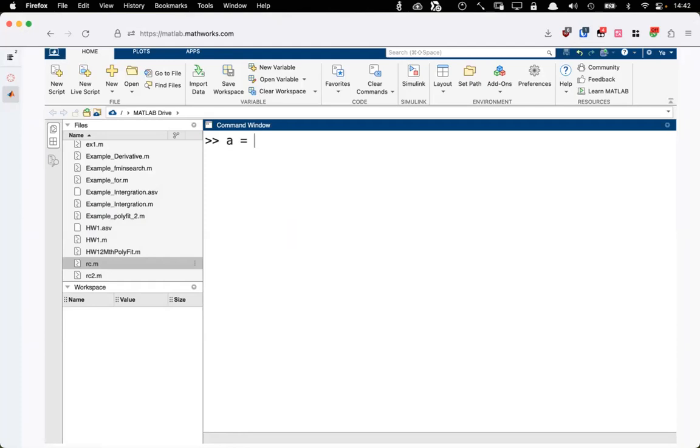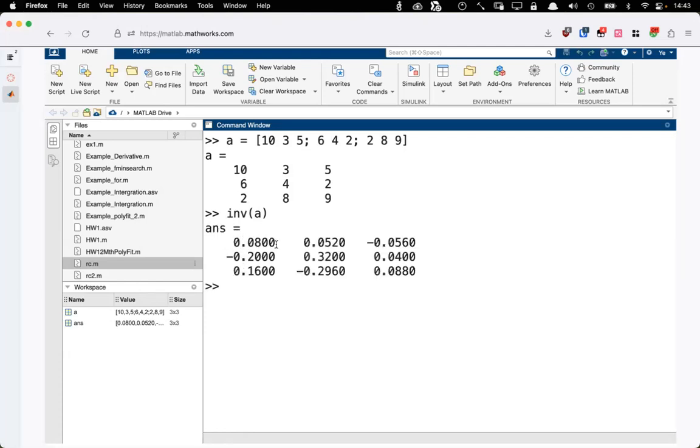A equals 1, 1, 1, 10, 3, 5, 4, 2, 9. Let me check. 2, 8, 9. Actually, I'm not sure whether we can get an inverse matrix from this matrix A. We can try. inv A. Okay, we get this.